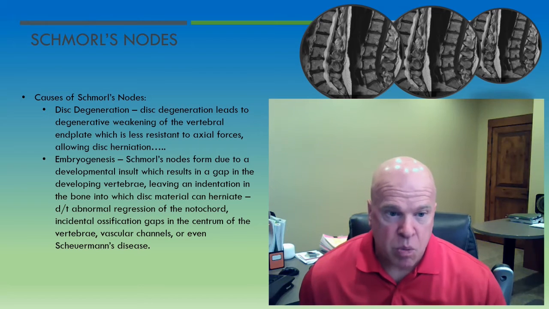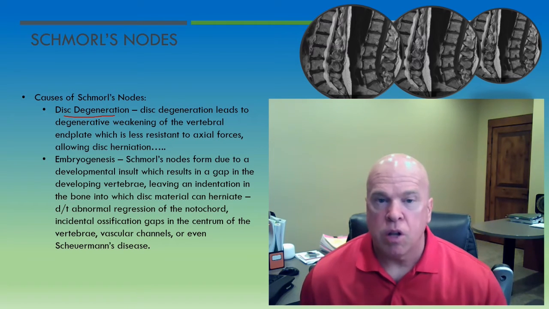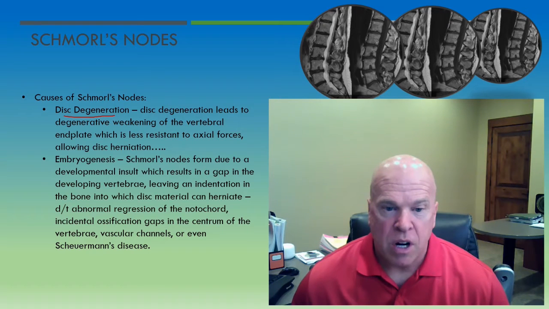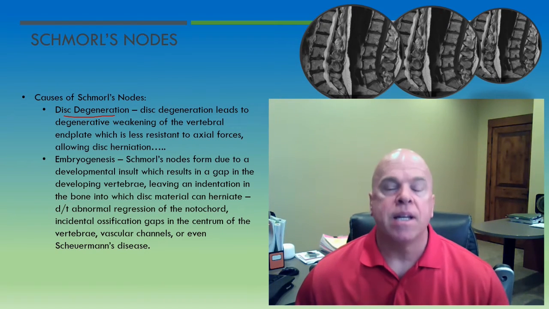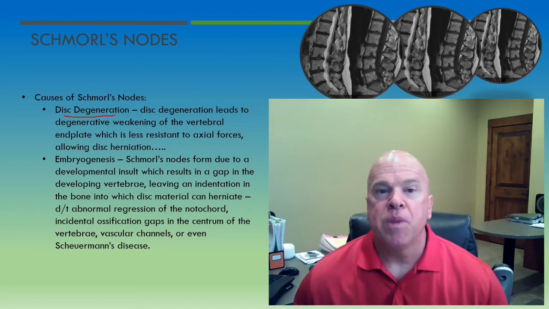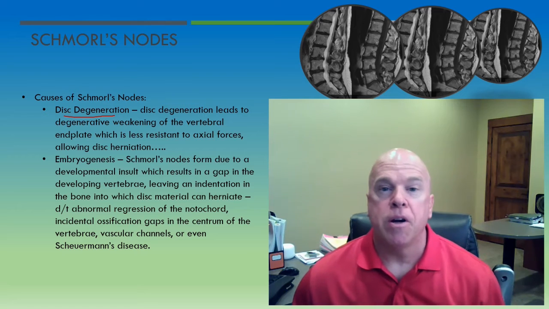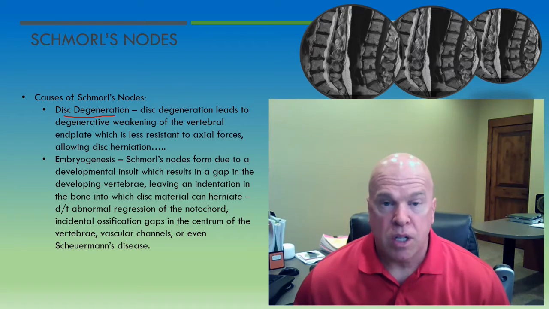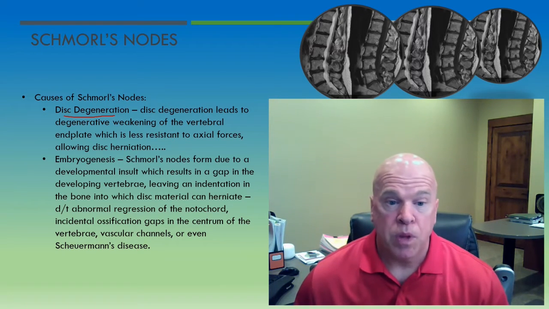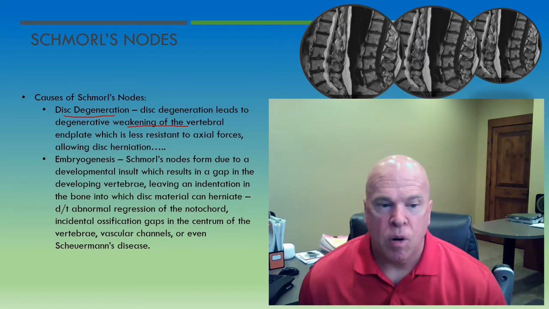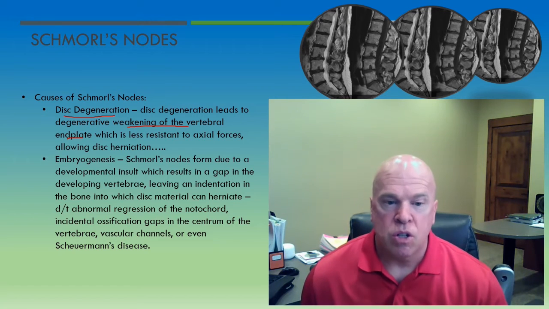Well, some theories propose that Schmorl's nodes are the result of disc degeneration, where disc degeneration leads to degenerative weakening of the vertebral end plate, which is less resistant, therefore, to axial forces, allowing superior or inferior herniation of the nucleus pulposus through the weakened vertebral end plate. And some may say that it's weakening of the vertebral end plate which leads to disc degeneration.